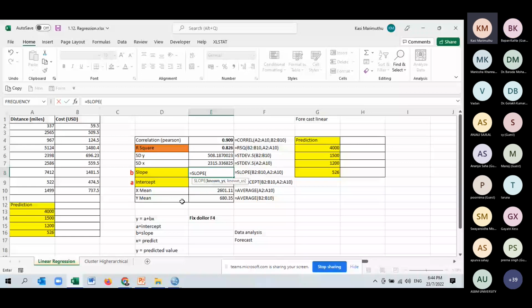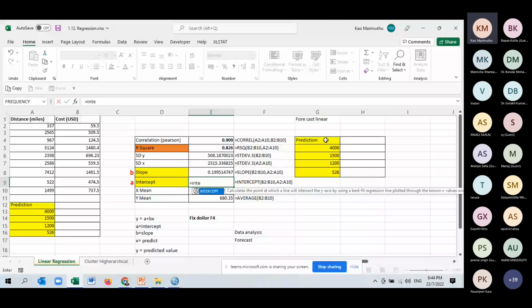So this is slope. Slope means when 1 unit of x increases, 1 kilometer. I have given you that in the F column.